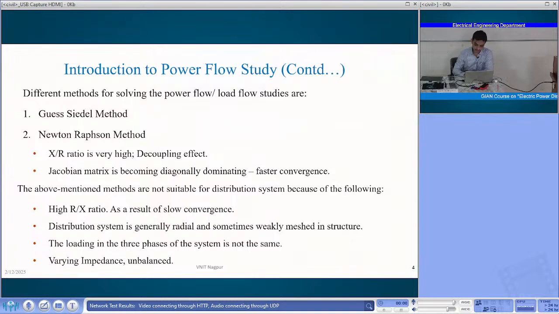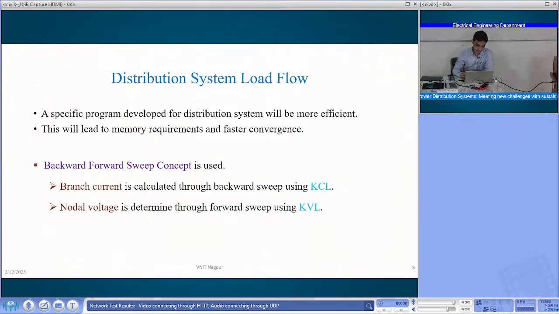So we go for specific programming based on distribution system load flow, and this program is mainly developed on the backward forward sweep concept. Here, generally, when we go for any distribution system, a radial distribution structure is there.